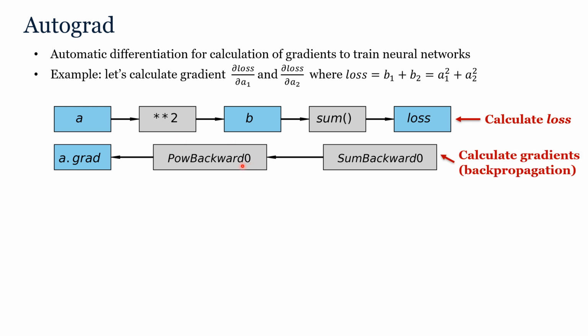The bottom row shows how the gradients are calculated using the chain rule. First, we calculate the gradients of the sum function, followed by the gradients of square function, and that way we obtain the gradients of the vector a. This process underpins the backpropagation algorithm during training of neural networks.